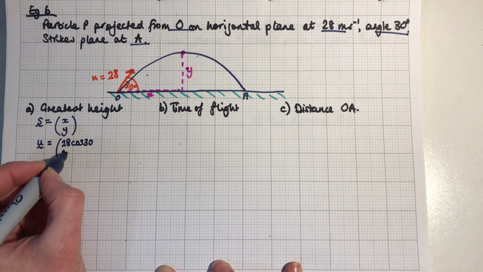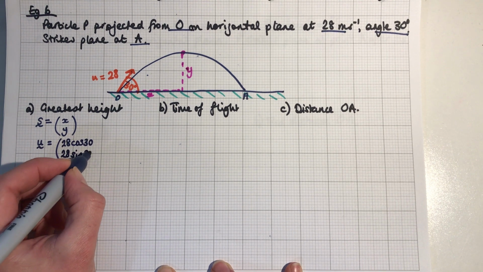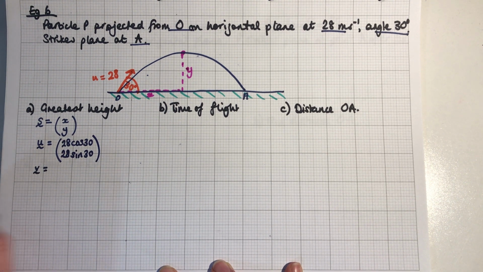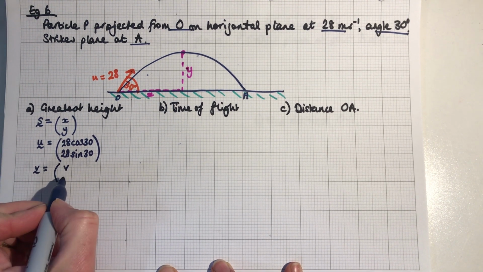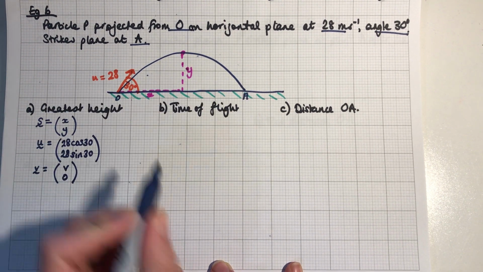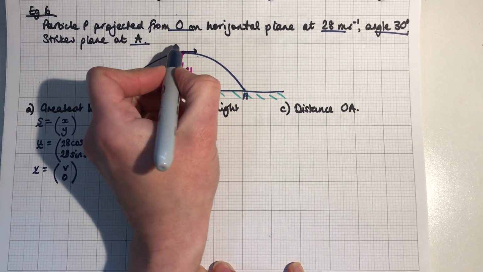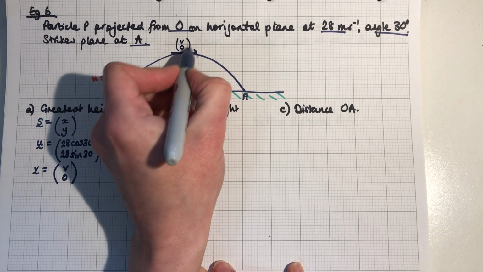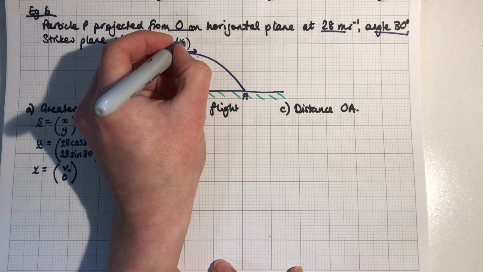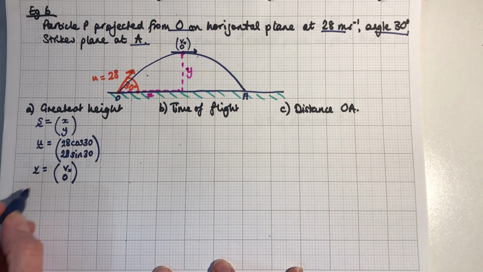And then the vertical component, so that's 28 sin 30. V, we don't know the horizontal speed, but we do know that the vertical speed is 0 because we're dealing with this point here. Let's mark it on, shall we? There we go. V is 0. I could write Vx here if I like, but it doesn't really matter too much as long as I put a letter or a symbol for it.